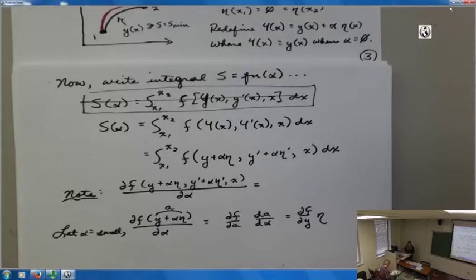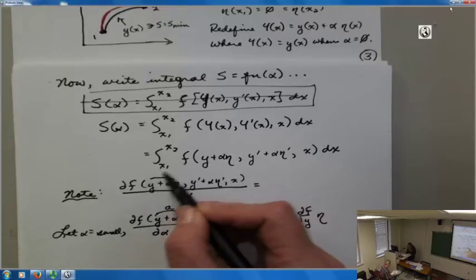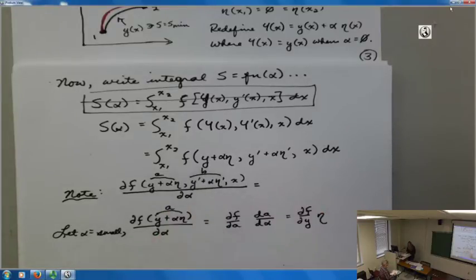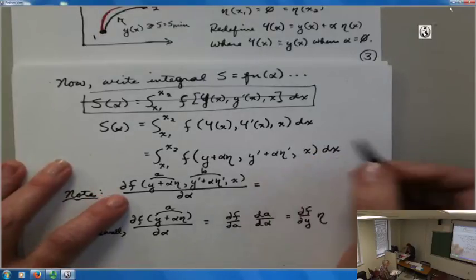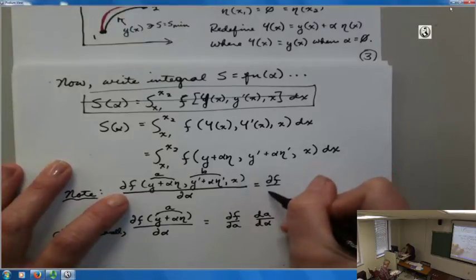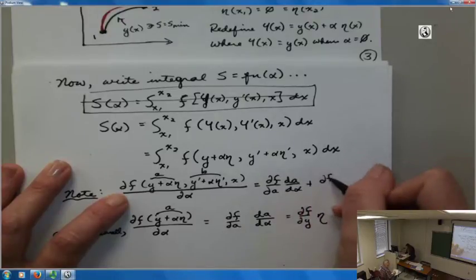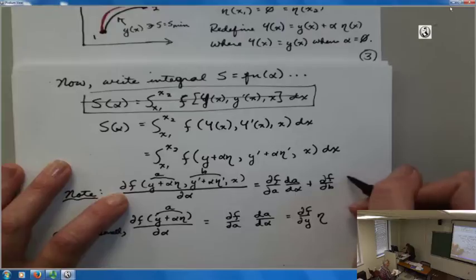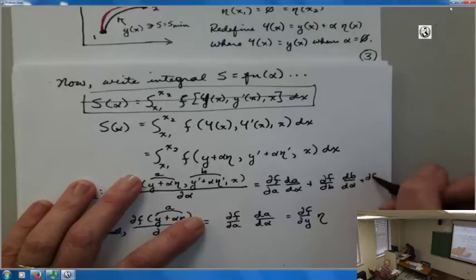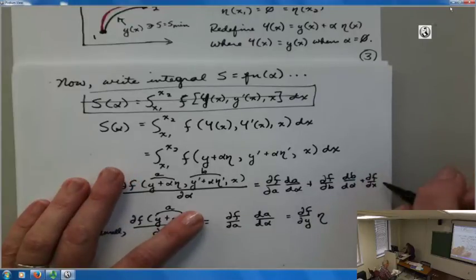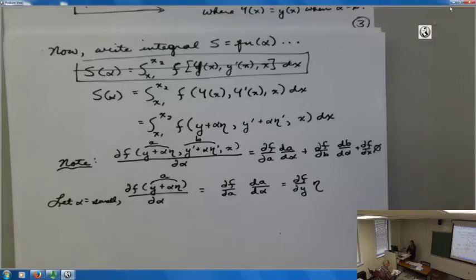Are you guys following any of that? Cool. So when I was making that argument, I was calling this object here A, this object here B. I'm going to go ahead and write that stuff out because I was going to skip it, but I'm not going to now. So this is sort of the aside there.